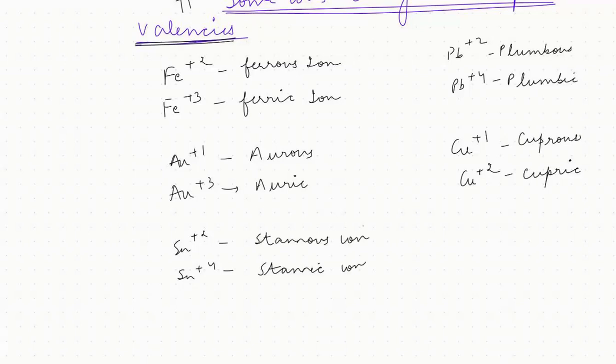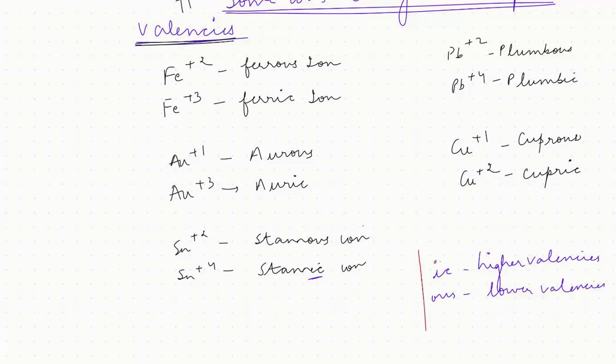So basically, the names which end with ic represent higher valency, and us represents lower valency.